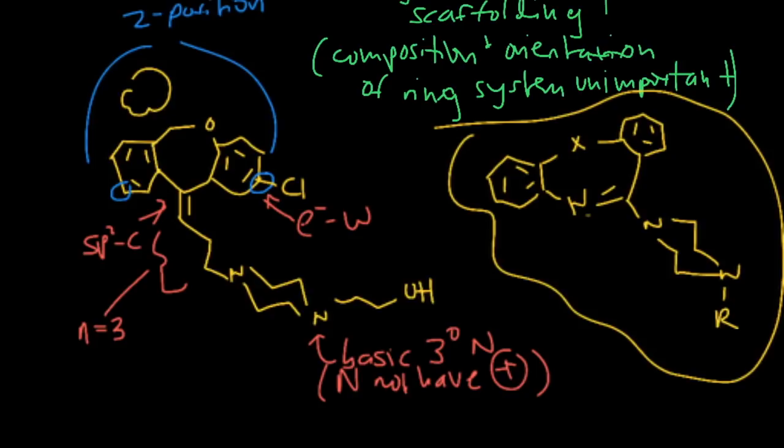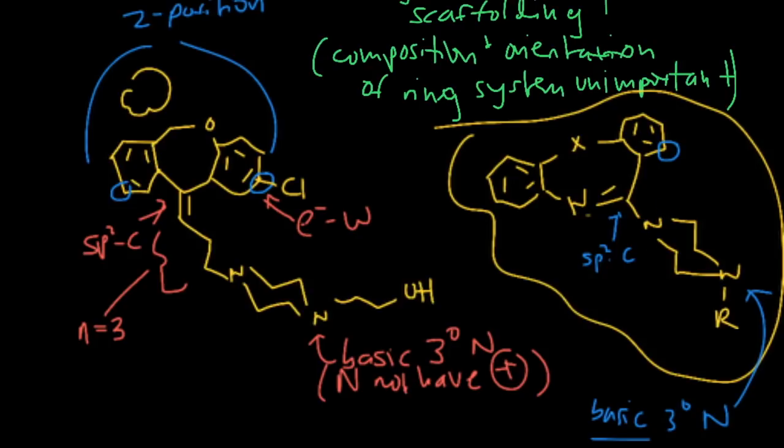Here's your sp2 hybridized carbon. Tertiary amine, basic tertiary amine. Remember, basic can't have a positive charge. What else? You can or cannot have an electron withdrawing group right there. Doesn't matter. Okay, so the hard part is you may or may not have thought it does follow the SAR because you thought this nitrogen was a terminal nitrogen.